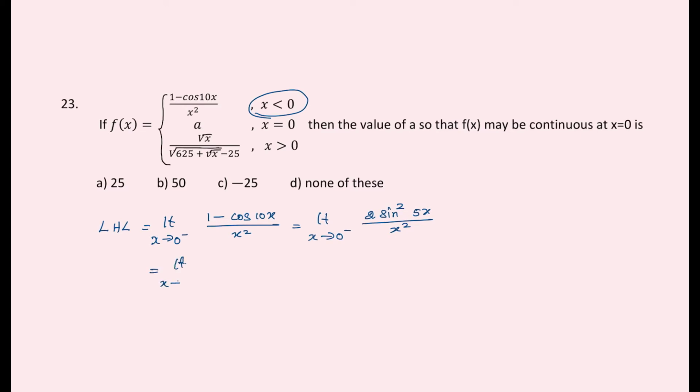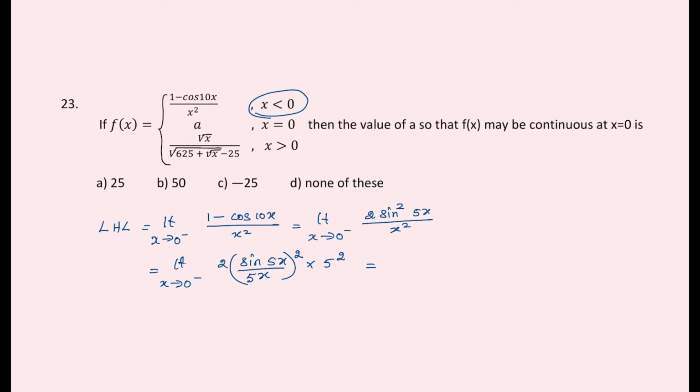Limit x tending to 0 minus 2 sine 5x by x the whole square, I can write it as. Since we have sine 5x in the numerator, I need 5 in the denominator. That is, we have divided by 5 square. So let us multiply by 5 square.